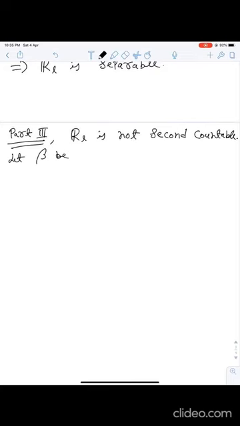So let beta be an arbitrary basis for RL. Okay.